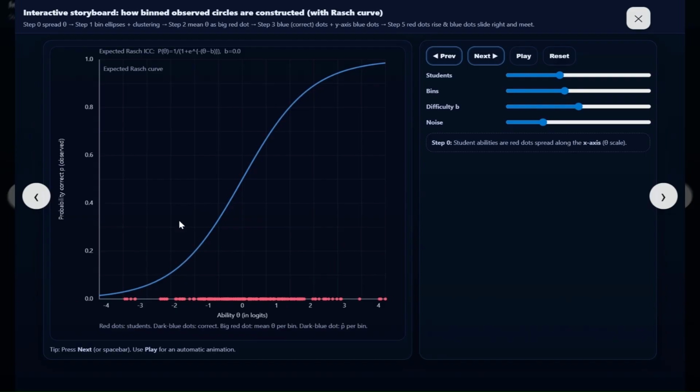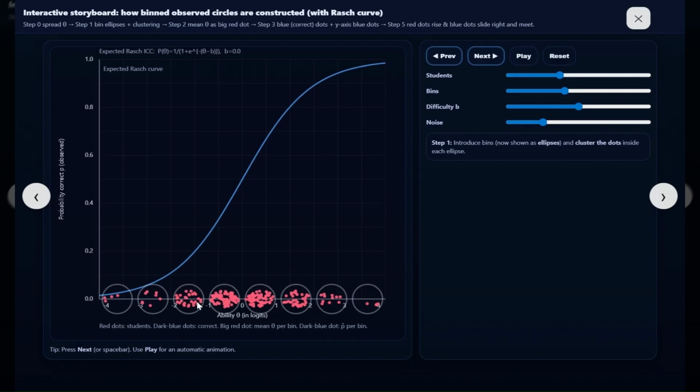So what we do, first, we divide all of our students into bins. For example, students from -4 to -3, all of them, we put in one bin. From -3 to -2 in one bin, like that. Now, the second thing is that we will take the average ability of each bin.